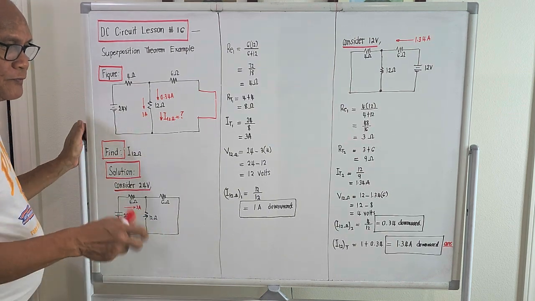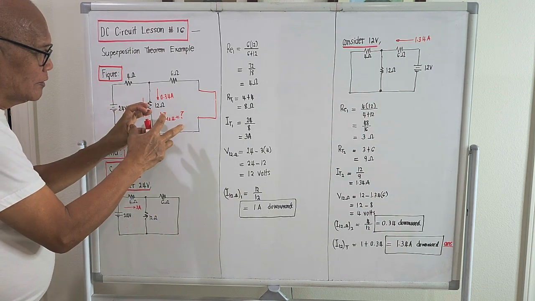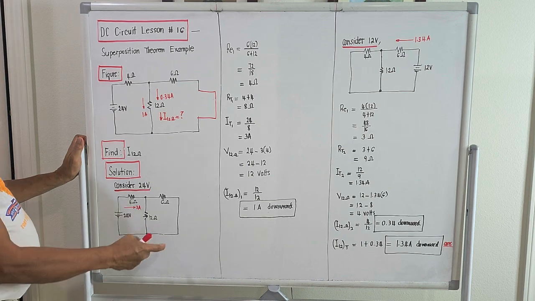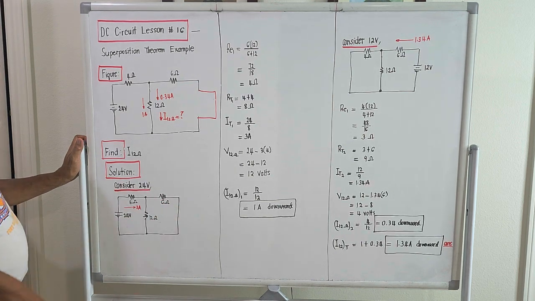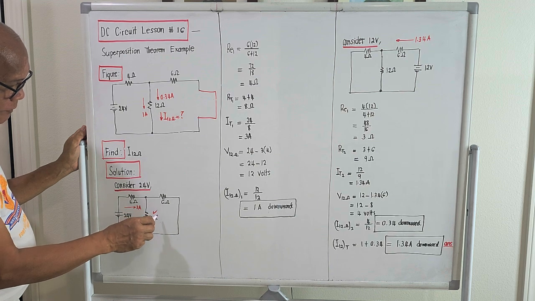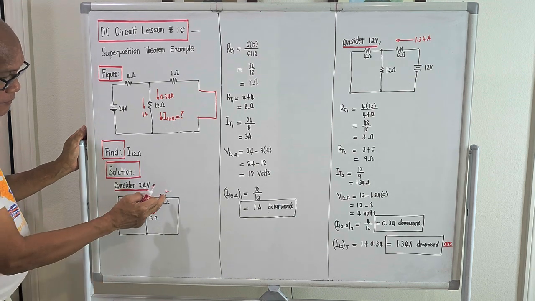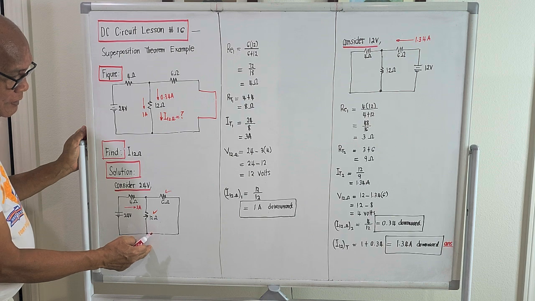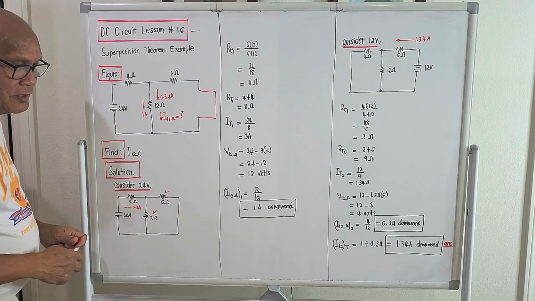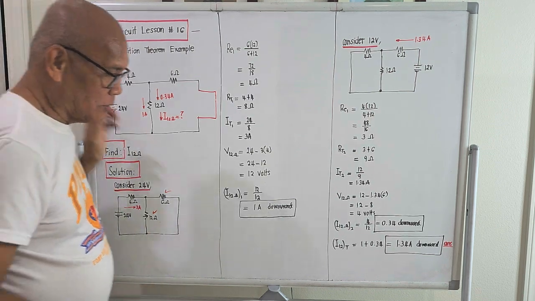We must compute the total single equivalent resistance of the circuit if we neglect the 12 volt source for the meantime. So this 12 ohm and this 6 ohm are in parallel, and the single equivalent of this will be in series with this one. So we are using the concept of series-parallel combination.